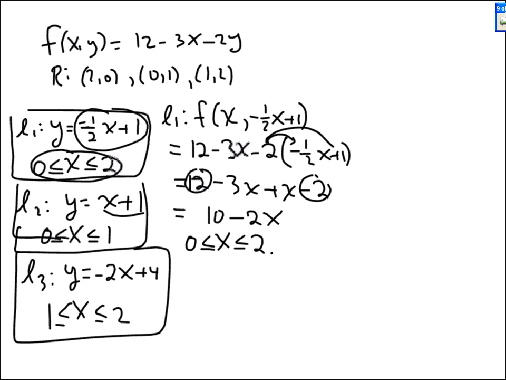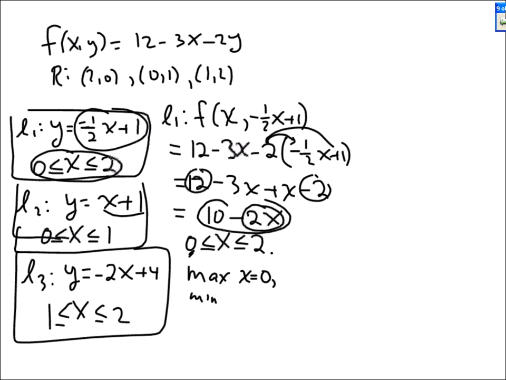Okay, so now, what's the max? What's the min? Well, if you want this to be the most, you want to take away the least. Let x be 0. You have a max when x is 0.